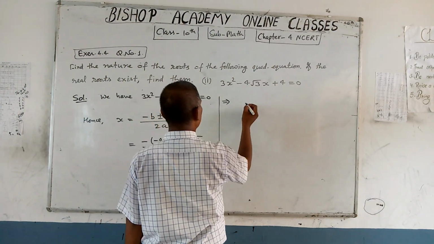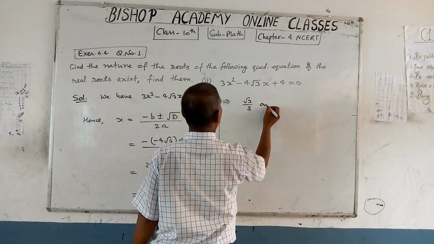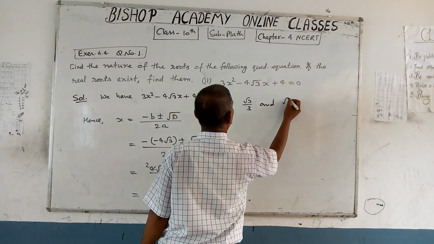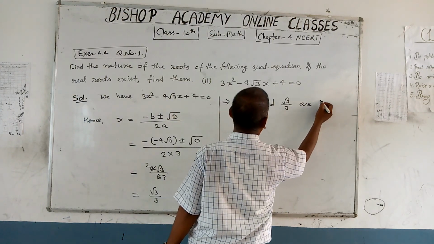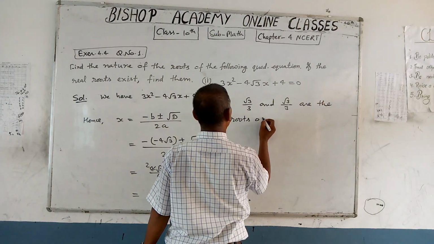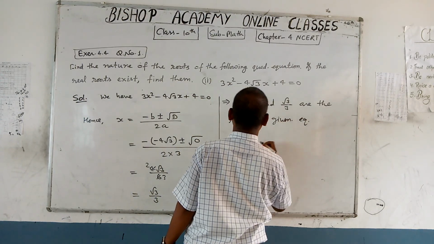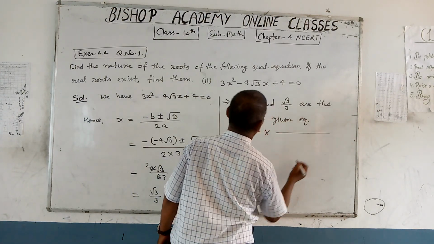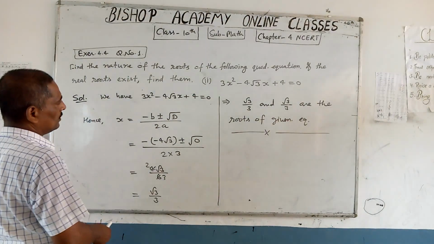Let's indicate minus root 3 upon 3 and root 3 upon 3 are the roots of the given equation. So this is the solution. I completed.